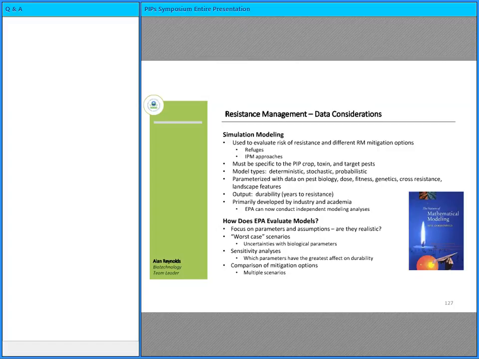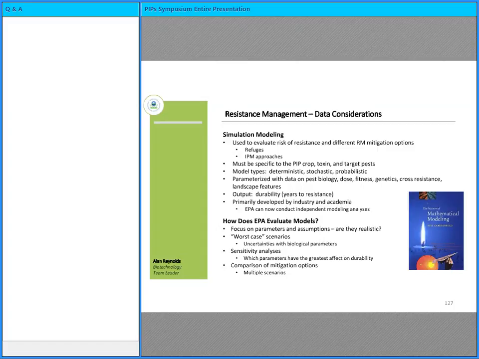Okay, so how does EPA evaluate these simulation models? We specifically focus on really what goes into the model. So what are the parameters and assumptions? Are they realistic? Are they supported by data? We look at worst case scenarios. I think it's one of the more powerful tools we have, and this is particularly helpful when we have uncertainty with some of the biological parameters that we're looking at. We'll look at sensitivity analyses.